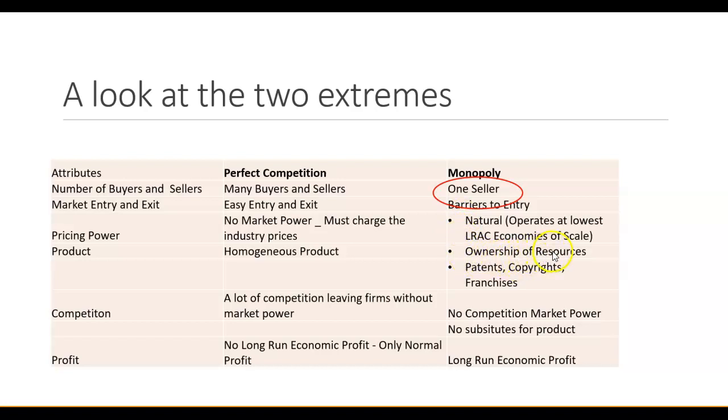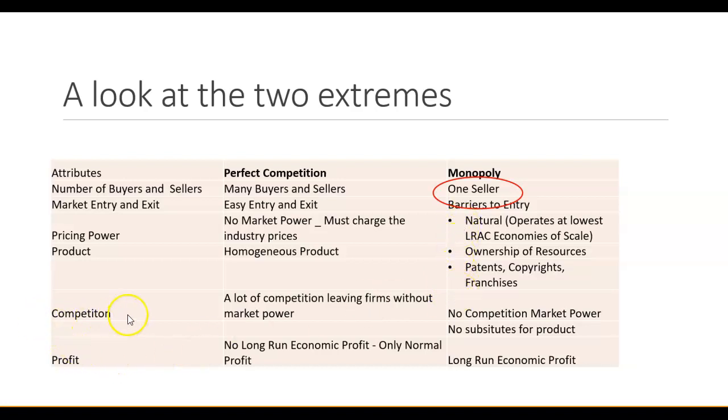Ownership of resources is another source of monopoly. Patents, copyrights, and franchises also act as barriers to entry. In this way, a monopoly can protect its market from other businesses entering that industry.